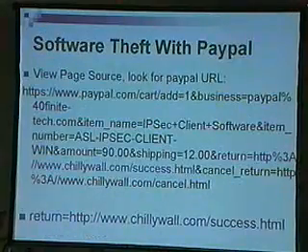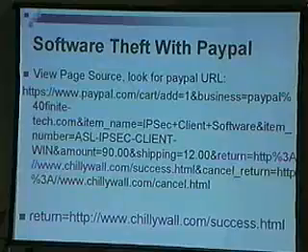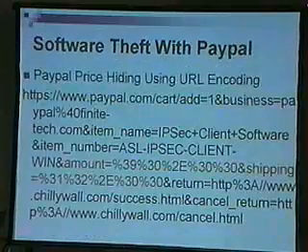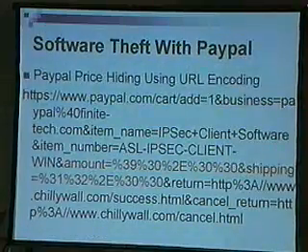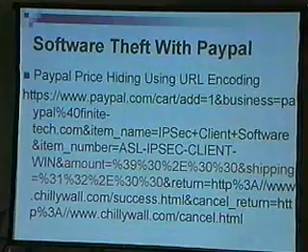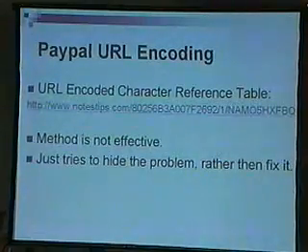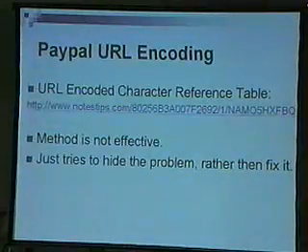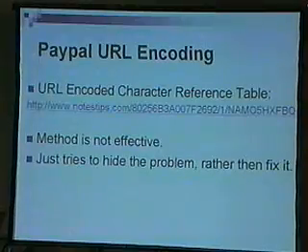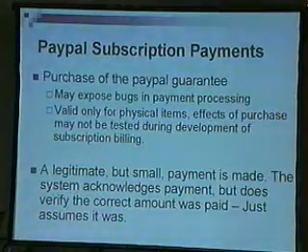Now here it has the actual price, which is $90, and shipping is $12. But some places will obscure the amount, so that people don't know what to edit, by just doing that encoding, which is really no security at all. It's very recognizable, and there's a URL for a URL encoded character reference table. Again, the method's not fixed. It just tries to hide the problem rather than fix it.